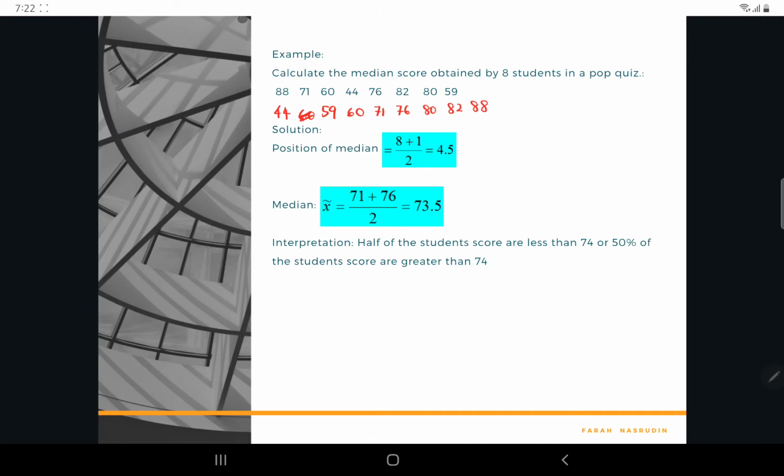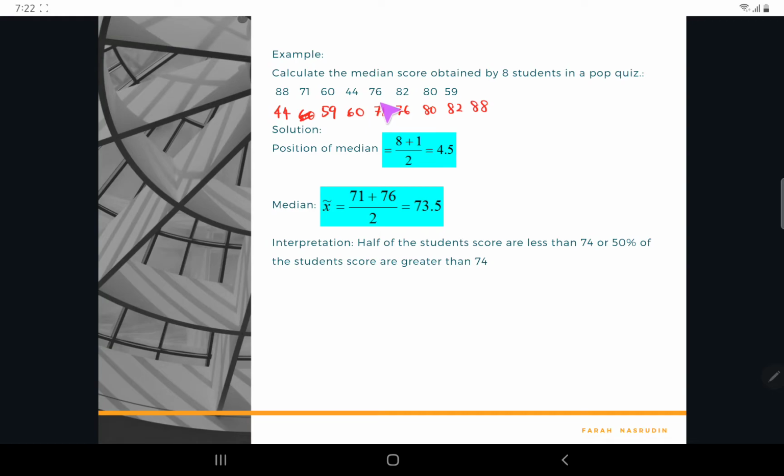The second step is we need to find the position of the median. So 8 plus 1 divided by 2, because we have 8 data. 8 plus 1 divided by 2 is 4.5. So where is 4.5? This is the first position, second, 1, 2, 3, 4.